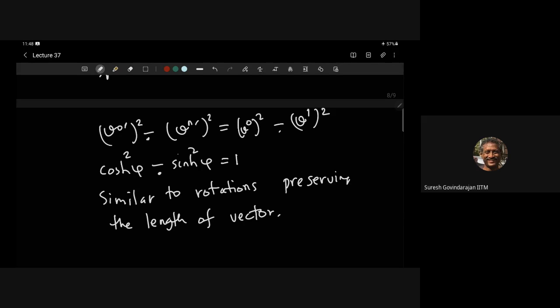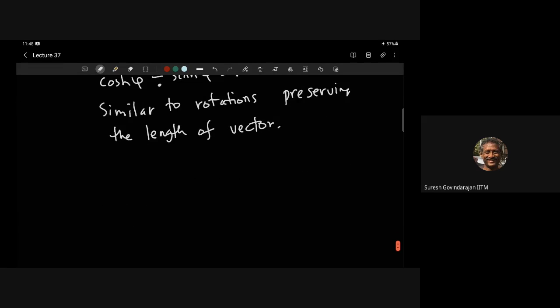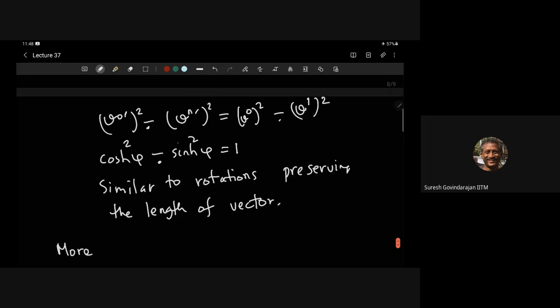Okay, so what you should do is go back and plug all these things. You should see this. Okay, so this is what is happening. But more generally, because it's a boost in the x direction, we also know that V2 prime equals V2 and V3 prime equals V3.